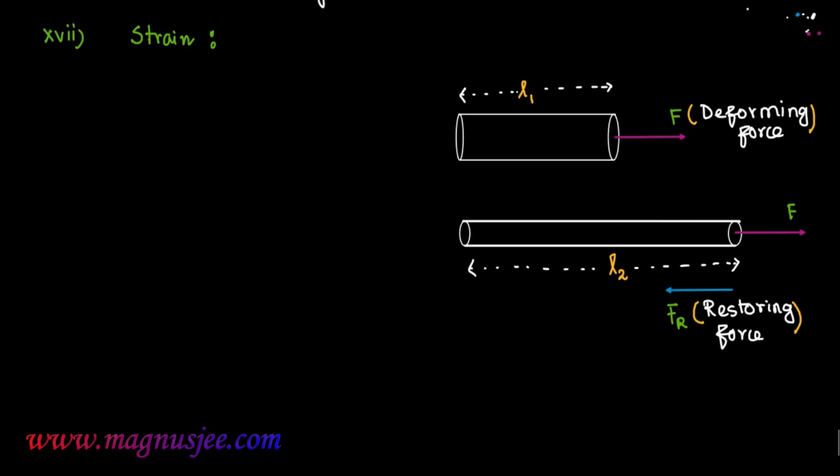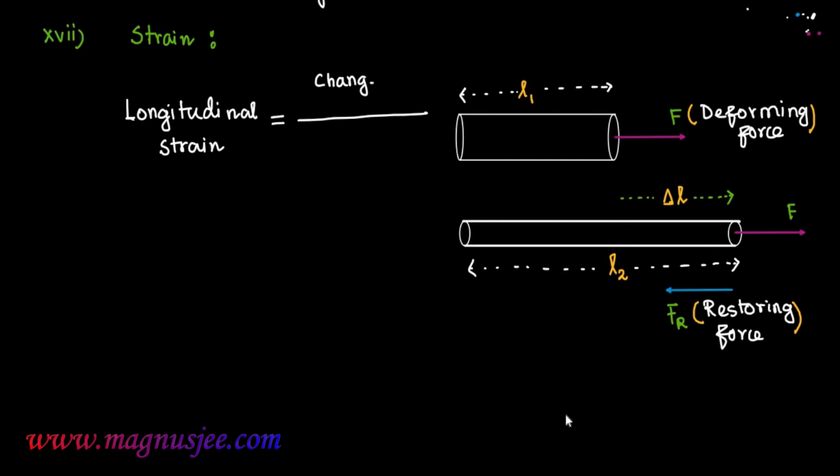Due to this restoring force, the elongated wire will regain its initial length after removal of the deforming force. Here delta L is the increase in length of the wire. This strain is related to change in length, that's why it is called longitudinal strain.